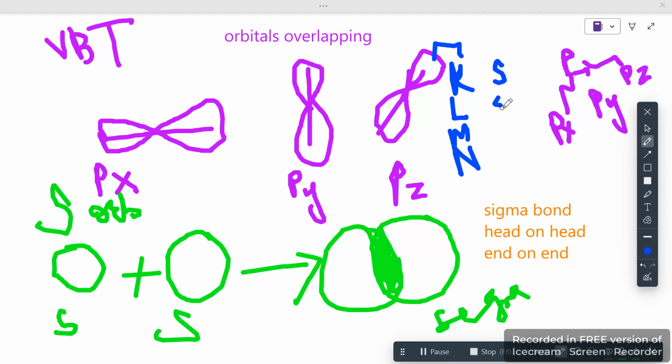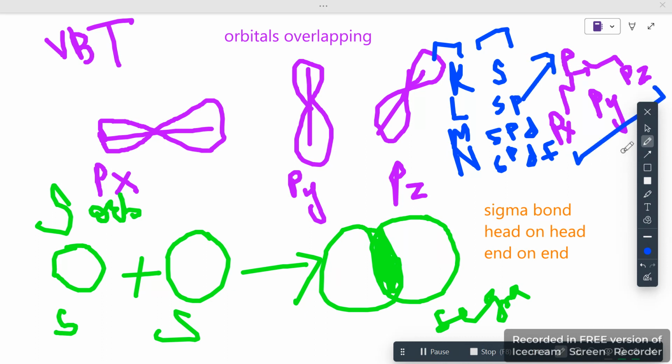Then in L we have s, p, then in M we have s, p, d, and in N we have s, p, d, f. These four are known as subshells. And this p we have taken, and these all are known as orbitals.